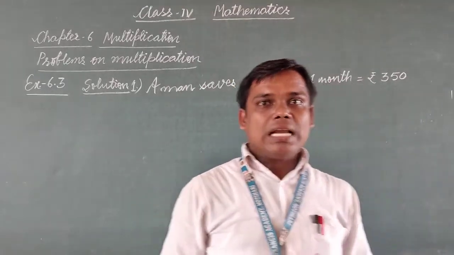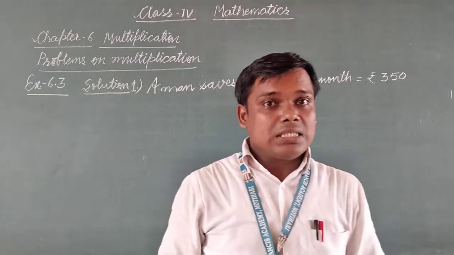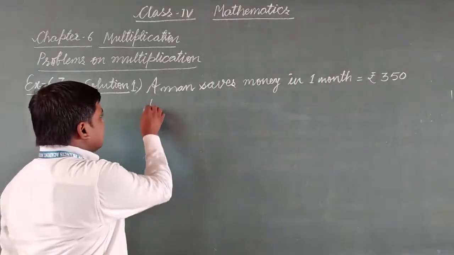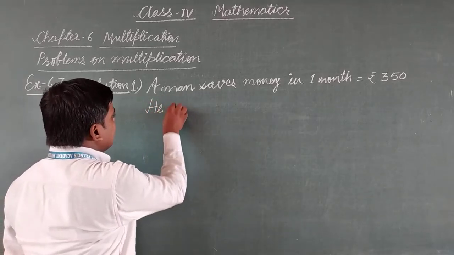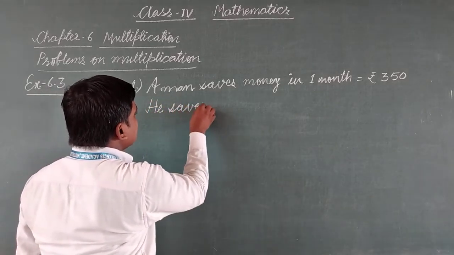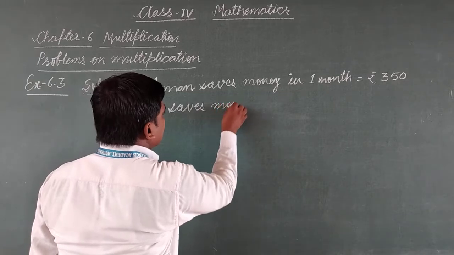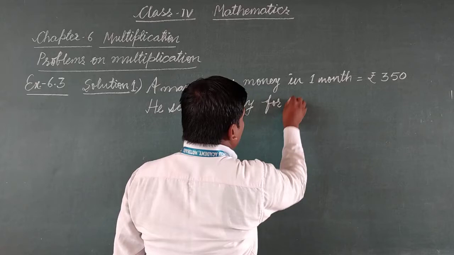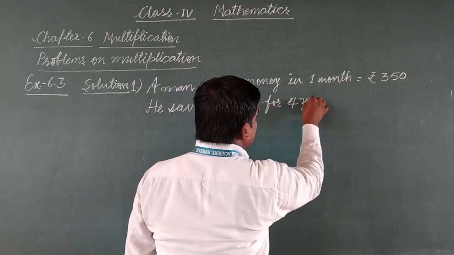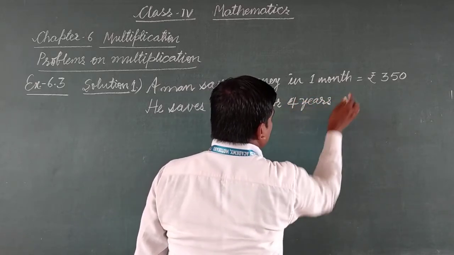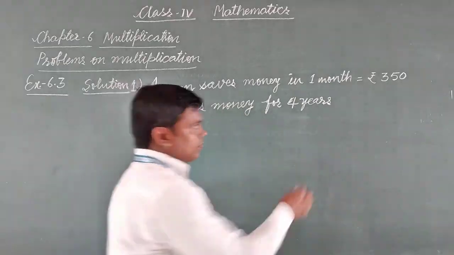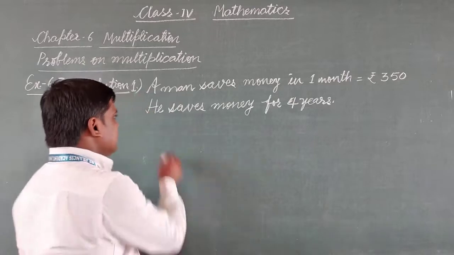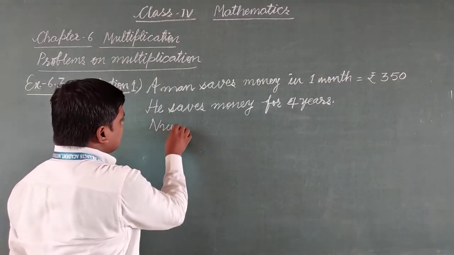So first of all we will calculate number of months in 4 years. So we will write, he saves money for 4 years. So number of months in 4 years, we will calculate.